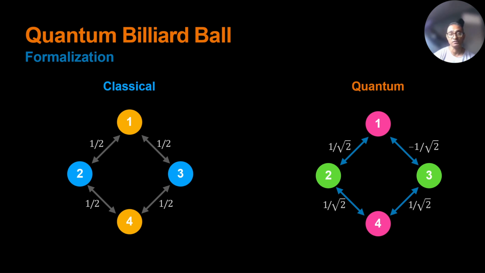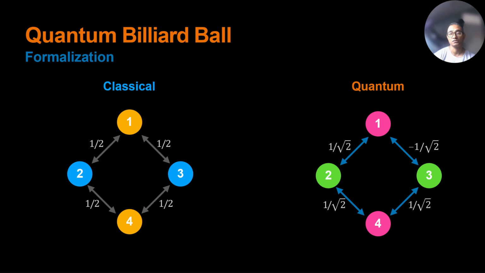So to begin with, a quick formalization. On the left hand side we have the classical system, where the probability of the vertices receiving or having the ball is 1/2. And on the right hand side, we have the quantum system, where the probability distribution is represented by the amplitude, which is 1 divided by the square root of 2.